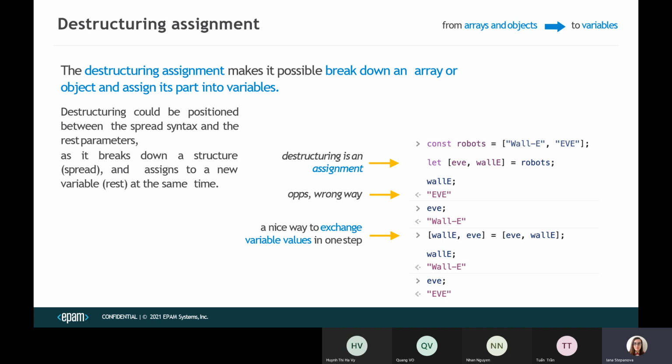And then I am creating not only several variables. Even before ES6, I could create several variables in one line by separating them with commas. What I'm doing now is wrapping the new names of my values in square braces. And then I set all of them equal to robots.